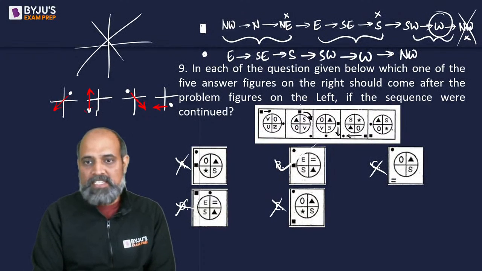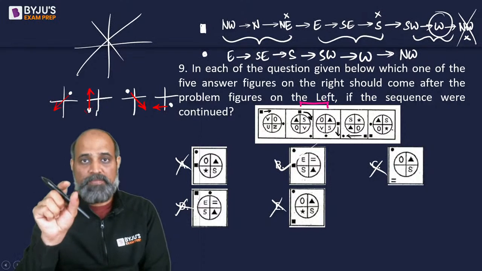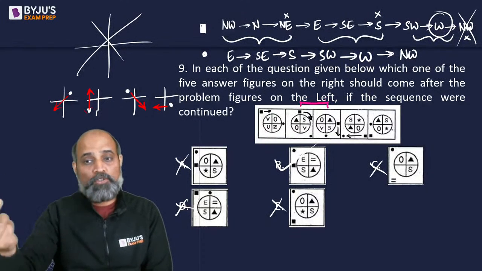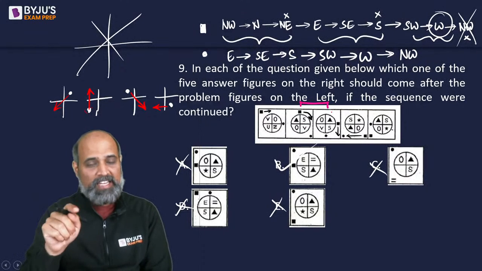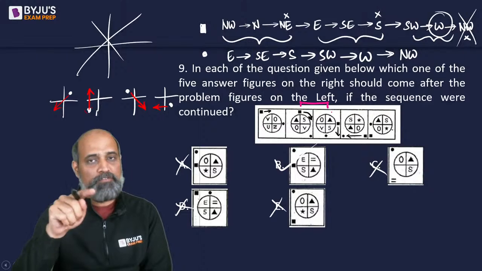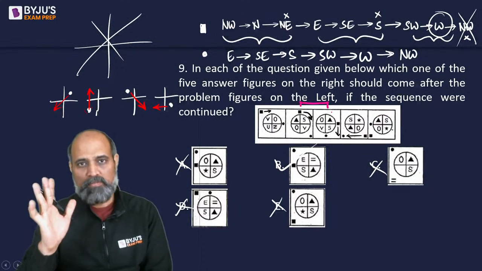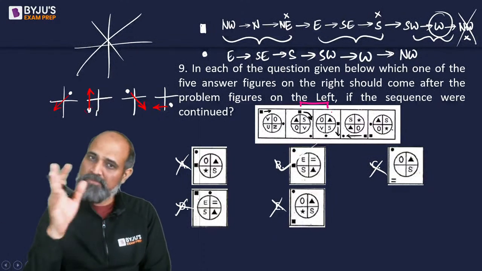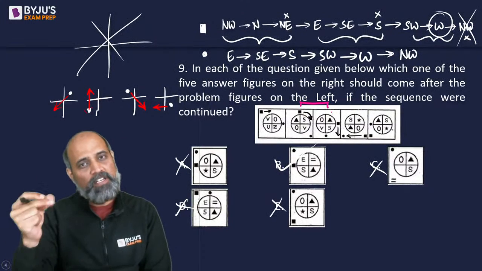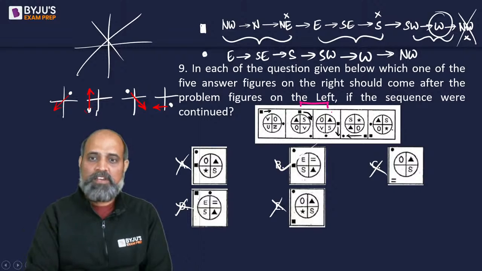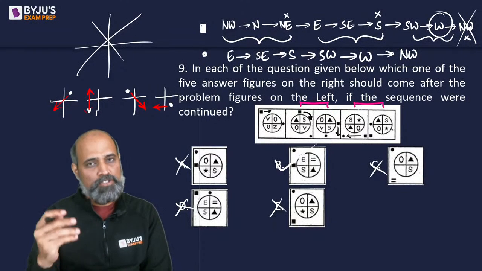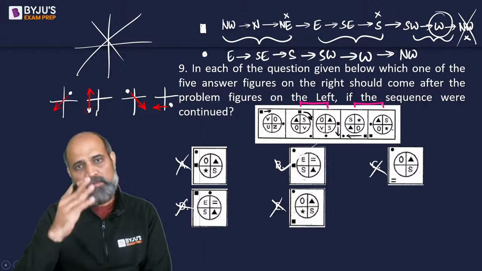Do you see the same letters or the symbols inside the circle in more than 2 figures? Look, in the second and third figure you have a triangle, you have a 5, you have a V, you have a 0 or O. In the third figure, you have the same symbols. And in the next figure, change happens. We have the same figures in the next 2. Same set of figures.